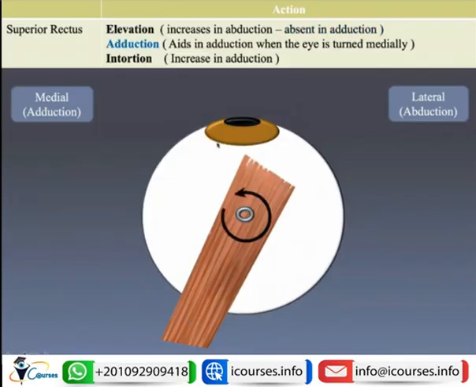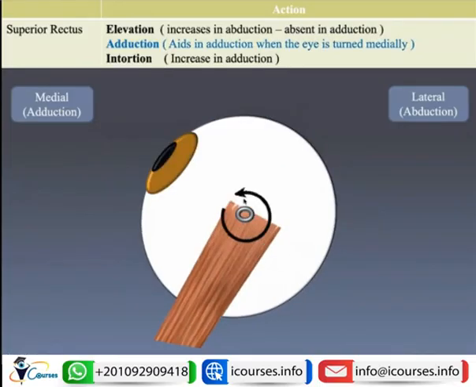There is a secondary action, which is adduction. When the superior rectus contracts, it can increase the adduction by the medial rectus. So it can lead the eye to be directed medially, as the muscle insertion itself acts as a pivot for rotation.